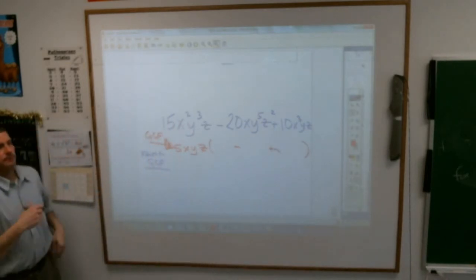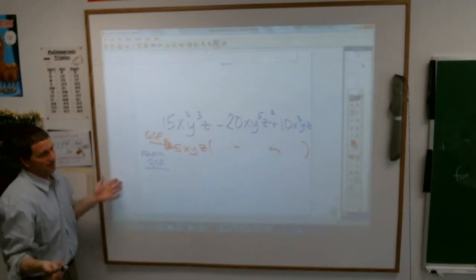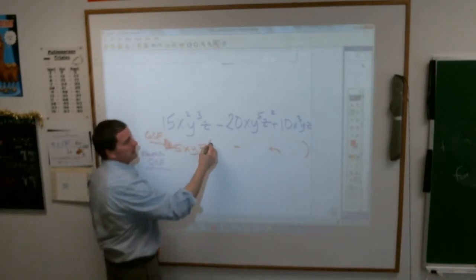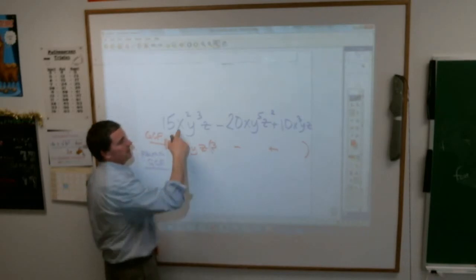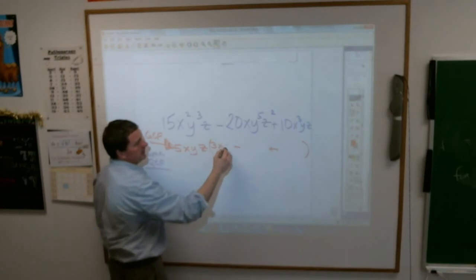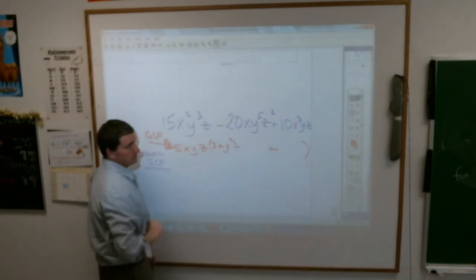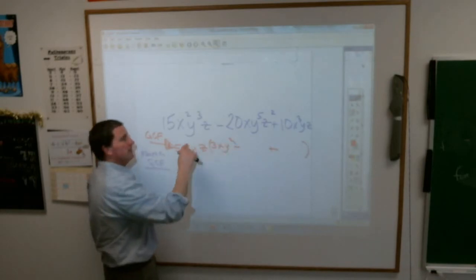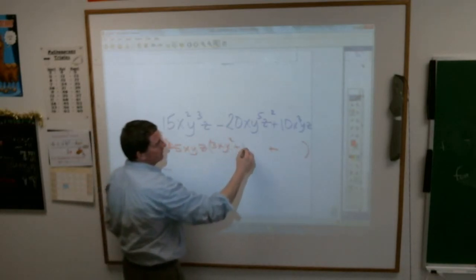And then you just say either what times that'll give me that, or divided by what gives me that. What times 5 gives me 15? 3. X to x squared, you need an x. Y to y cubed, you need a y squared. Already have the z, don't need to add anything more there. Minus 5 to 20, 4.